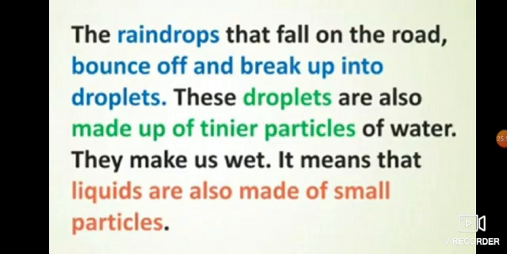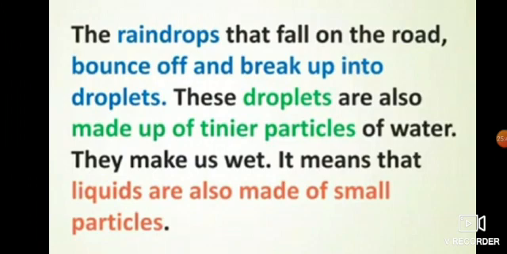So, when the raindrops fall on the road, on the ground, what happens? It bounces and breaks. If a glass falls down on the floor, what happens? It will break into many pieces. In the same way, raindrops also bounce and break up into droplets, and these droplets are very tiny particles of water.